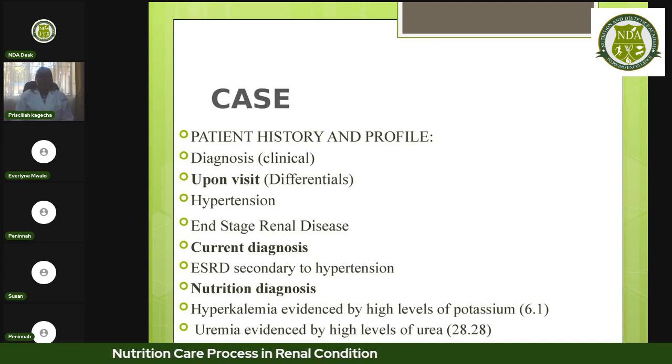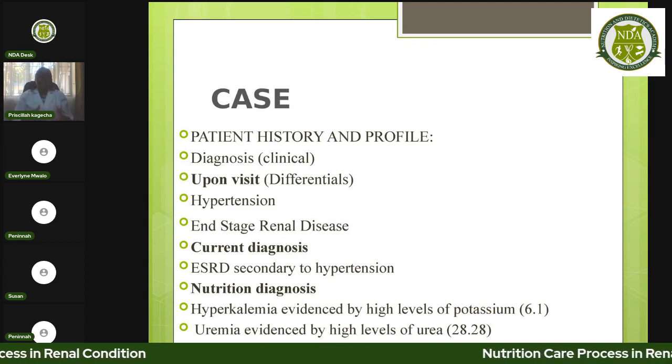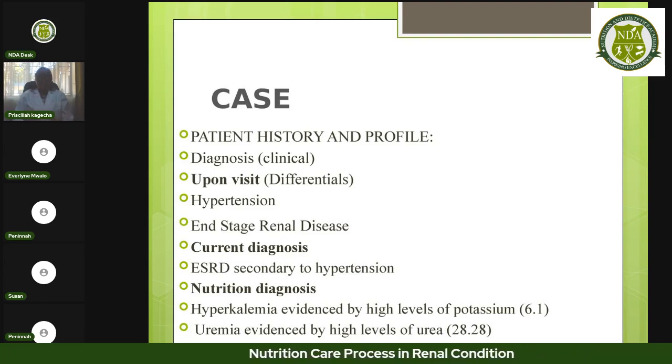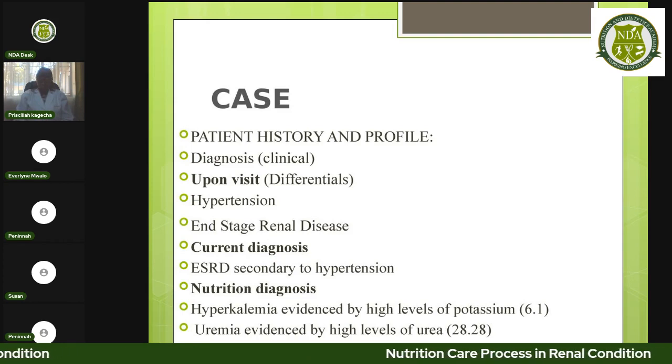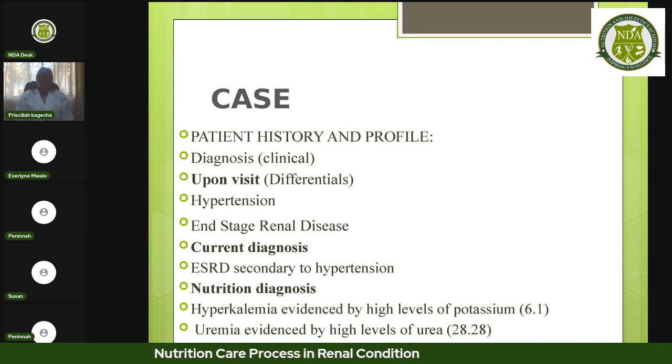The patient came in on September 16th, 2021, and he started experiencing the severe headache and some little weakness, which prompted him now to come to the hospital.